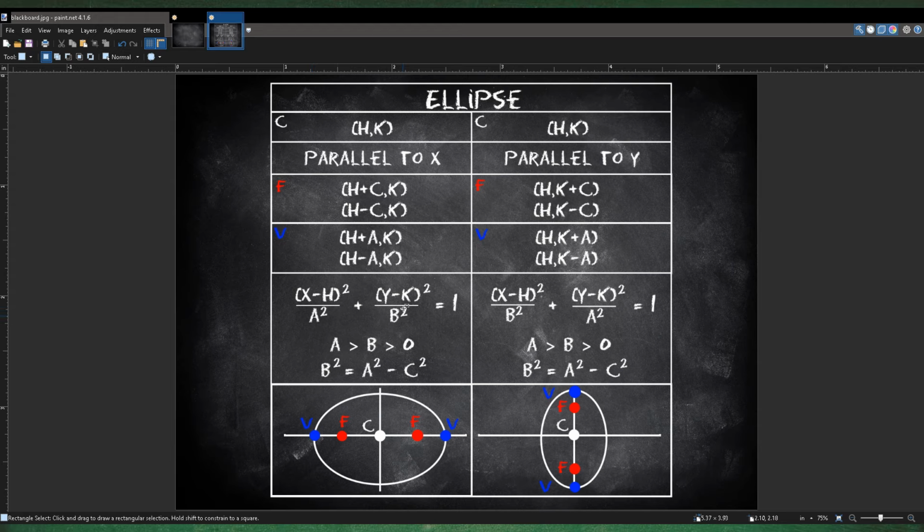But they always follow this equation, b squared equals a squared minus c squared. So it's the larger number minus this constant equals the smaller number. So that's how you'll do it.